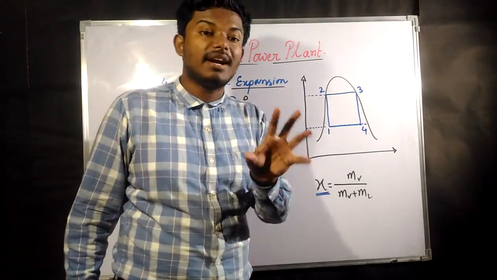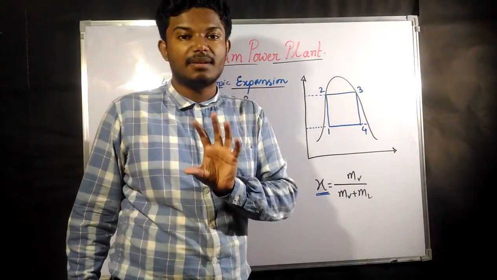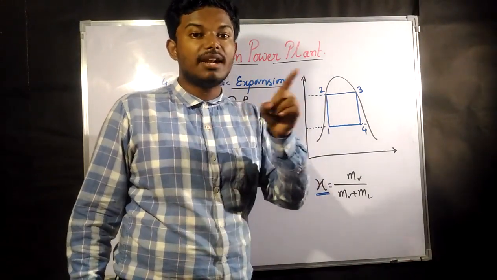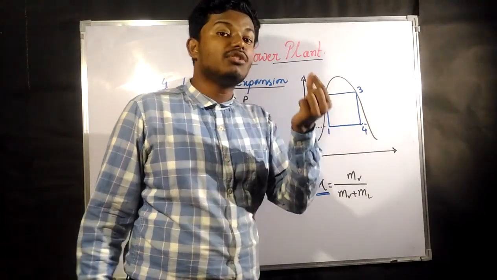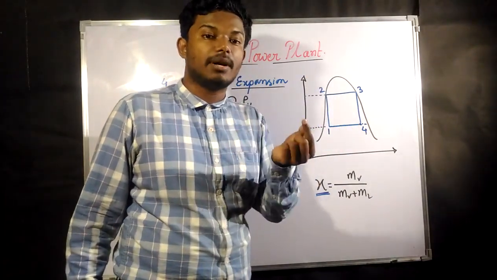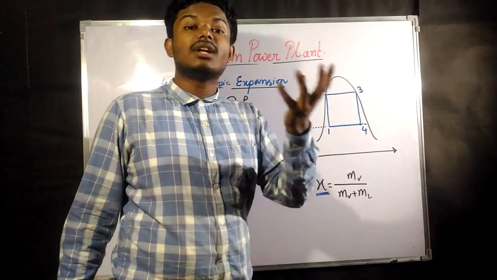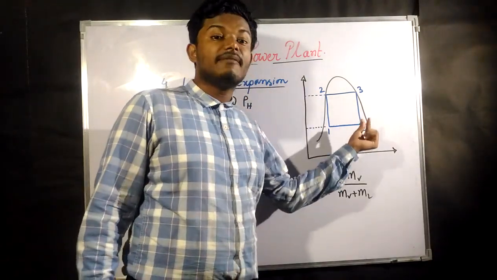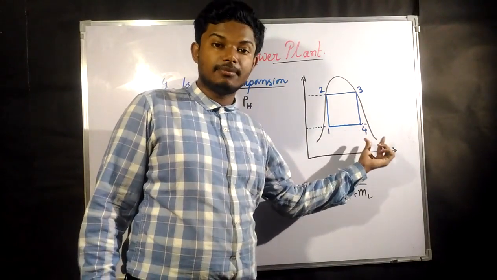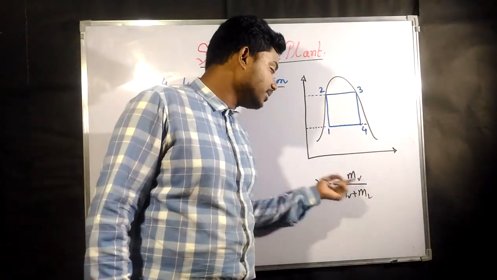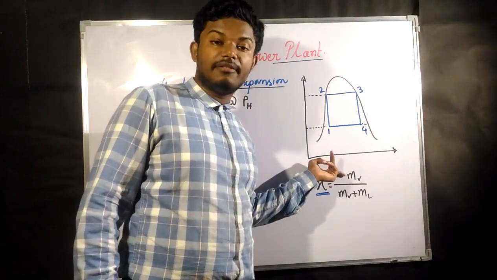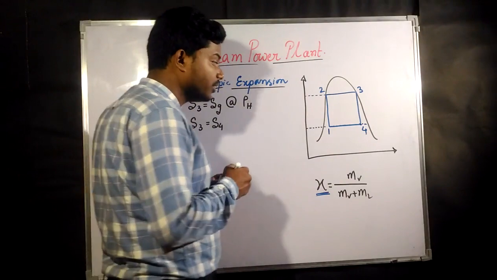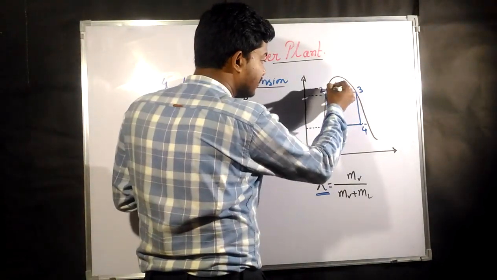The liquid part has a certain amount of mass, and the vapor part has a certain amount of mass. Among the total mass of liquid and vapor, what is the mass of vapor? That fraction of vapor in the total mass is defined as our dryness fraction.